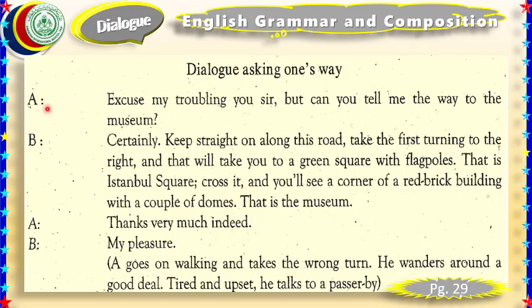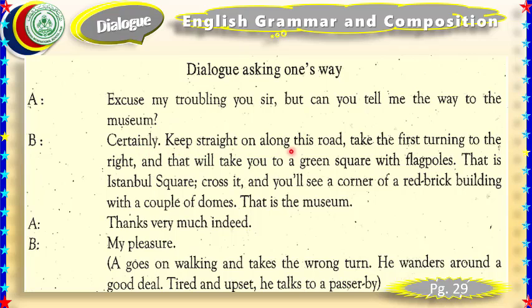This is Mr. A. Anyone, you can write here any name also. Mr. A is saying, excuse my troubling you, sir, but can you tell me the way to the museum? This person wants to go to the museum. B says, certainly.